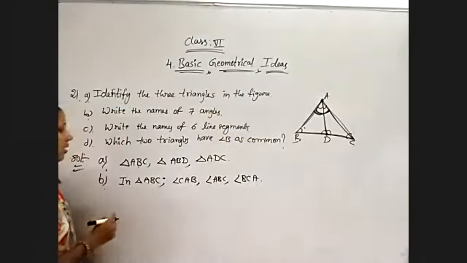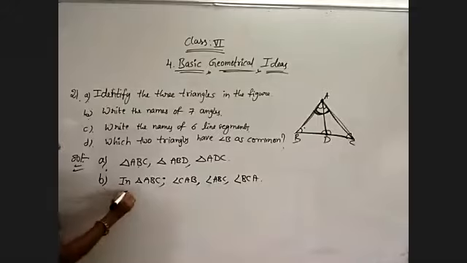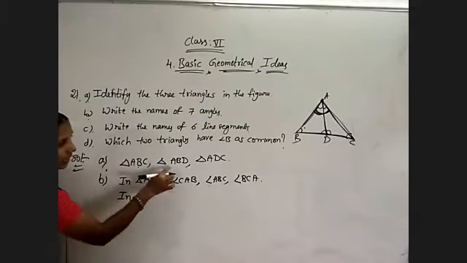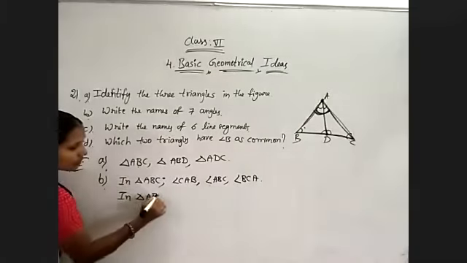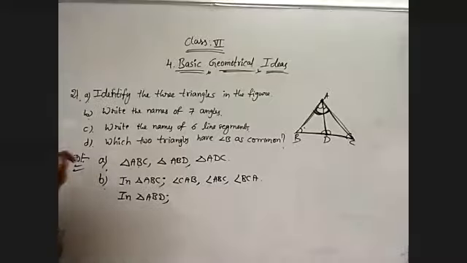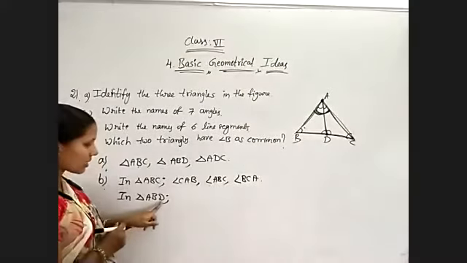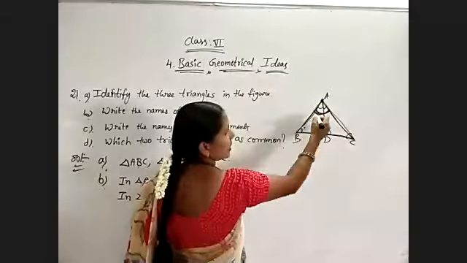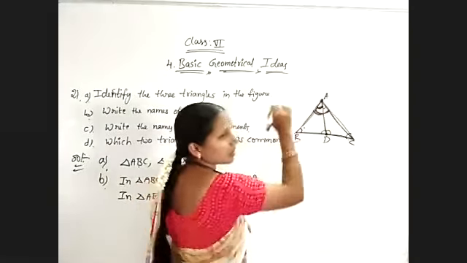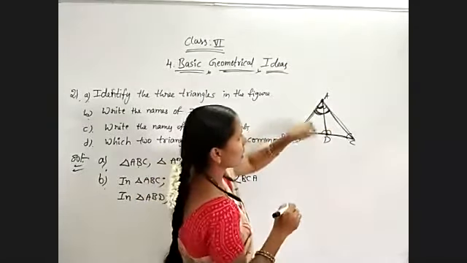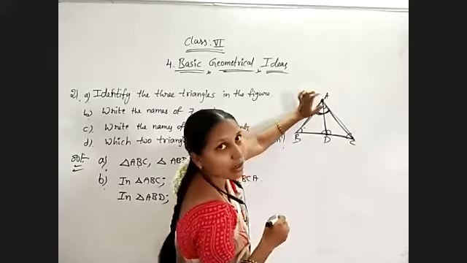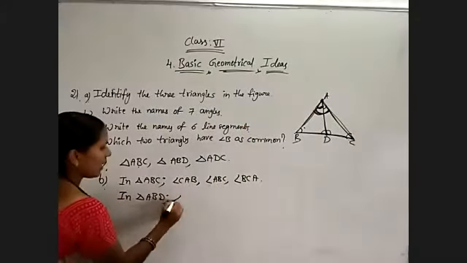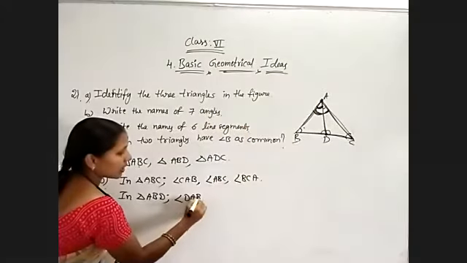Okay. Now coming to the second, in triangle ABD, what are the three angles we will see? Last letter D, DAB, this angle, only this one. Angle DAB.